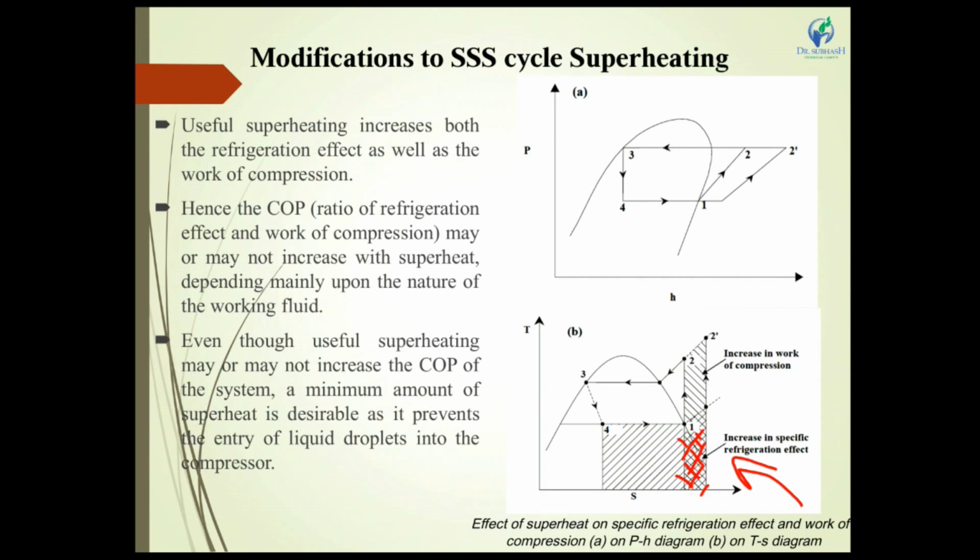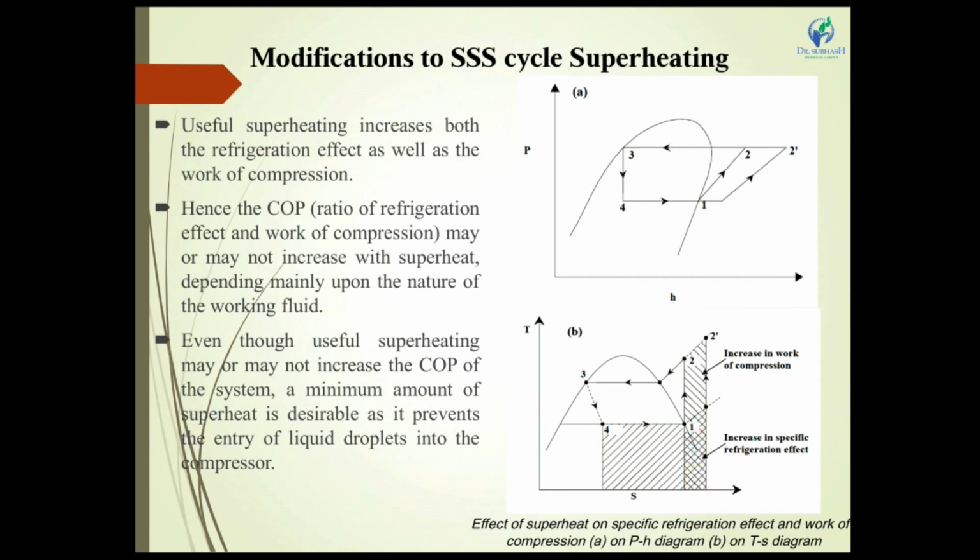So it's necessary that the superheating of the refrigerant is always done inside the evaporator, so we can increase the overall cycle COP and refrigeration effect for the same compressor work.